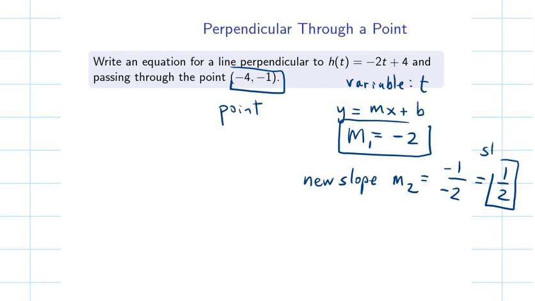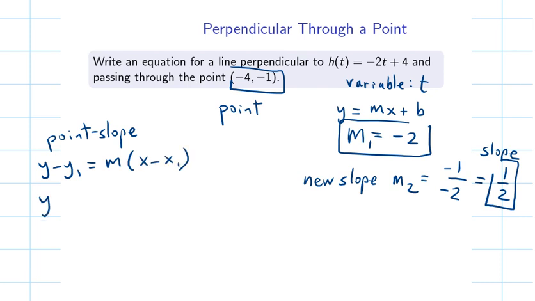So I'm given a point, and I found the slope. So I should use the point slope form. That'll be the most convenient and the least amount of work. y minus y1 is m times x minus x1. So it's y minus negative 1, that's the y coordinate, equals 1/2 times x minus x1, that's a negative 4.